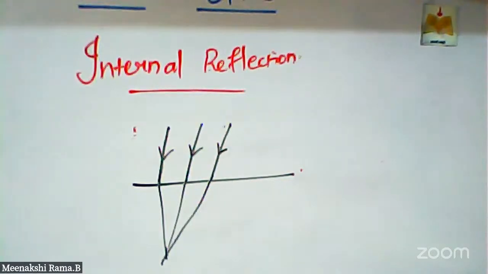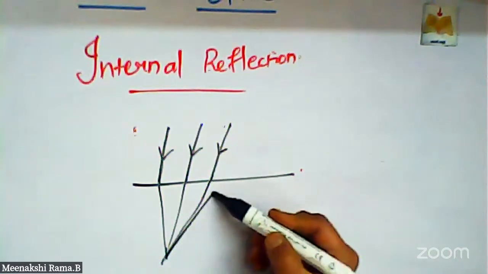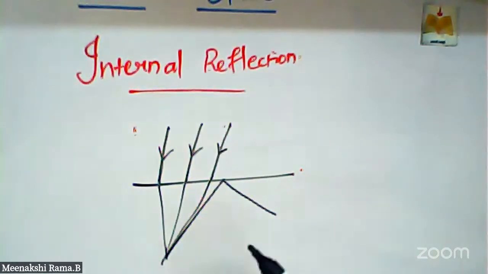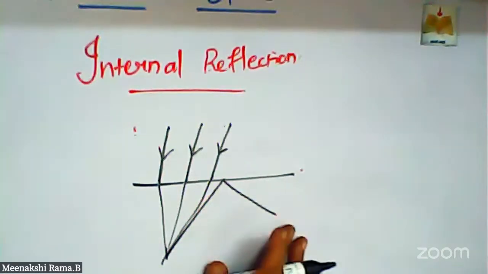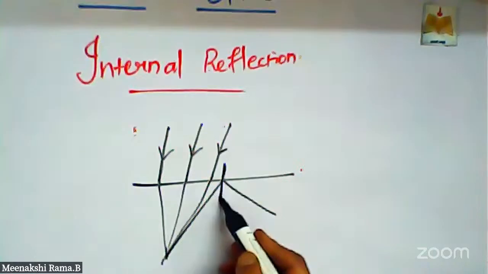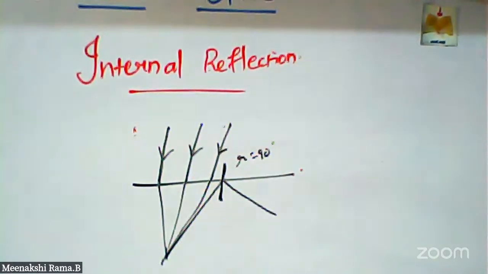Internal reflection is when light travels from the denser to the rarer medium. The light is reflected here. This is the incident ray, and opposite to it is the refracted ray that is reflected. The angle of refraction r is 90 degrees in this position.